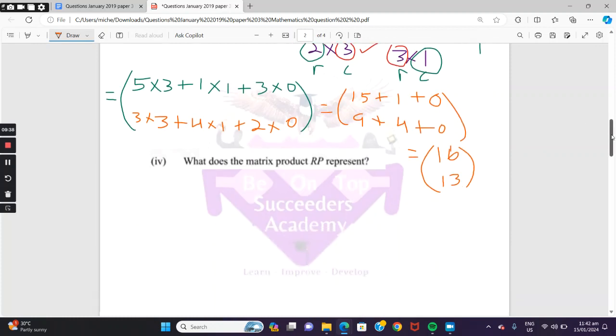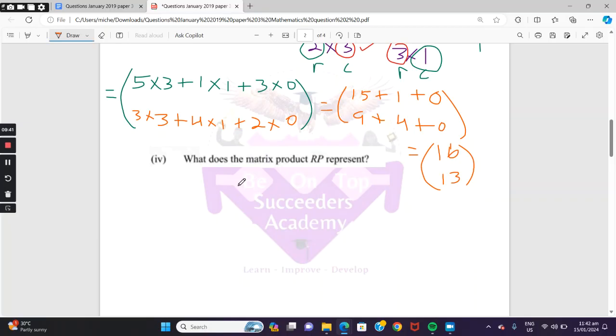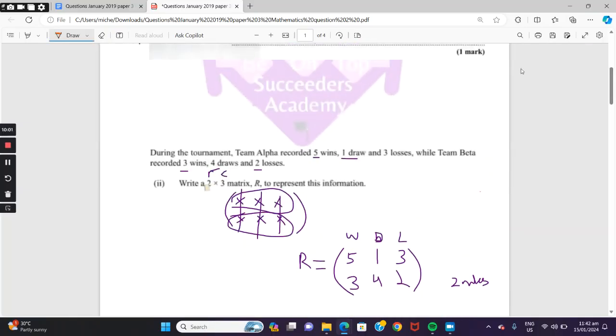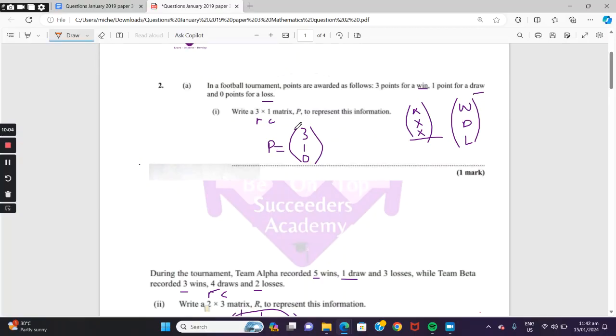Okay. So the last part now, it says what does the matrix product RP represent? So they talk about information. So going back up, we know that matrix P, which was one of the matrices we multiplied, was showing us some points for a win: 3 points for every game that a team wins, 1 point for when they draw, and 0 points for when they lost.